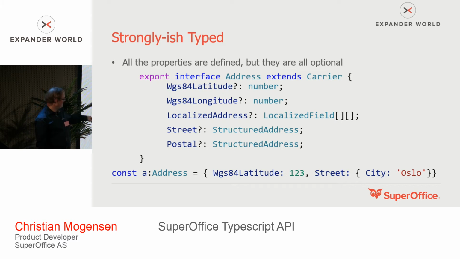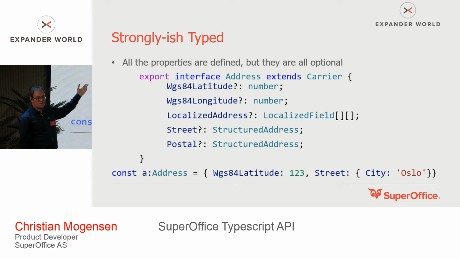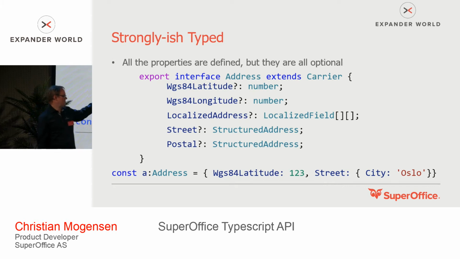So you can say something like, this is an address, and the address has, at least, well, it has a latitude, maybe, it maybe has a localized address. So in this case, we have a street address, and street has a city on it. So it's like, okay, fine. This is perfectly valid. It's got some properties filled out, and the rest are null, basically unknown. So you could ship this off, and something will happen.